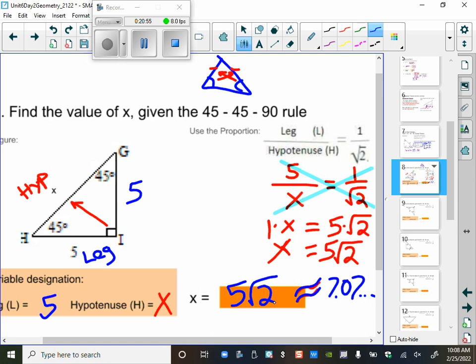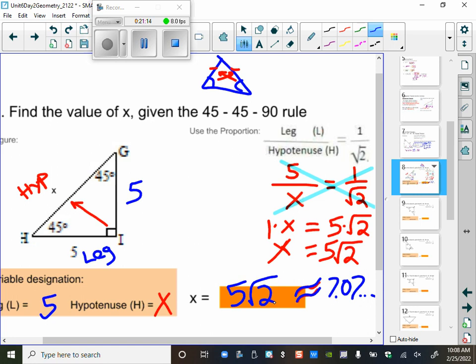I will allow it. You do not have to make it 7.07. If you did leave it as 7.07, Valerie, it's not wrong. But if you left it as 5 times square root of 2, I'll accept it.